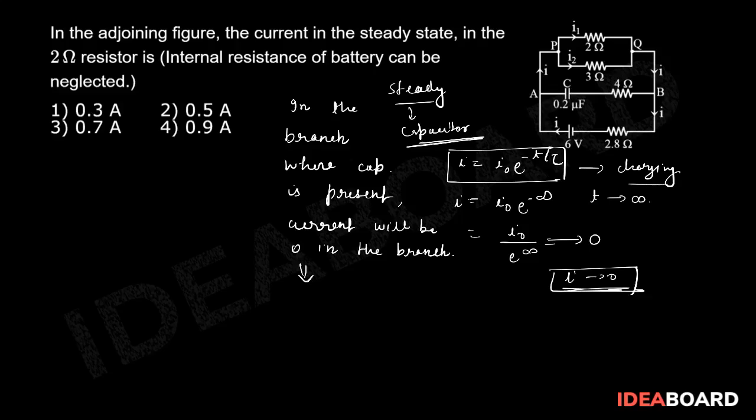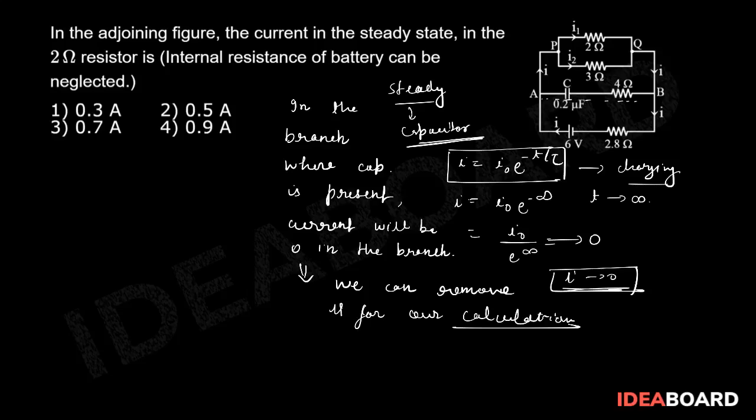That means we can remove it for our calculation. This part is highly important, that we can remove. So which branch can be removed? This branch can be removed. So let's remove and draw the diagram.